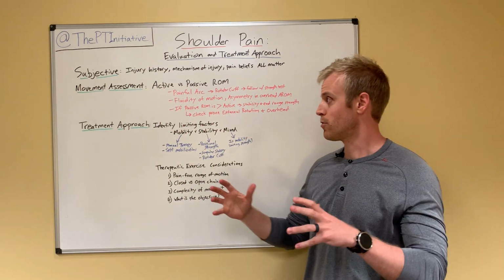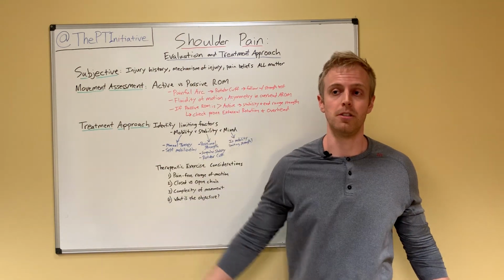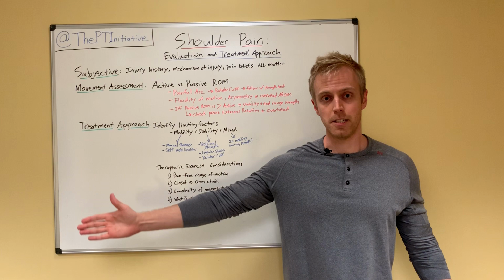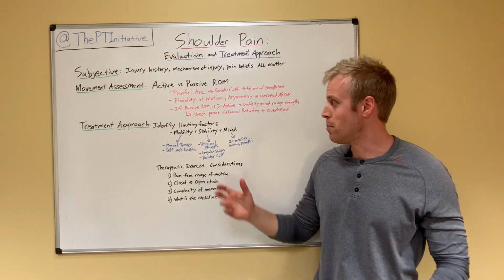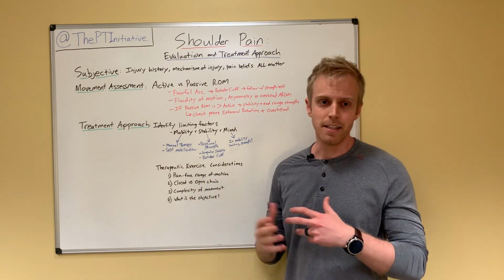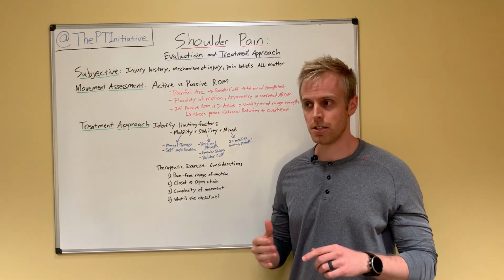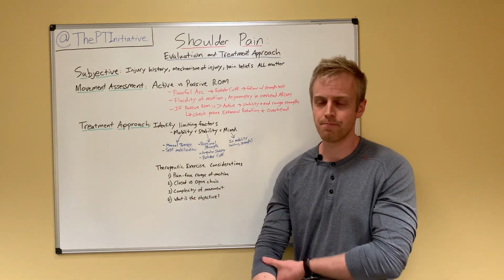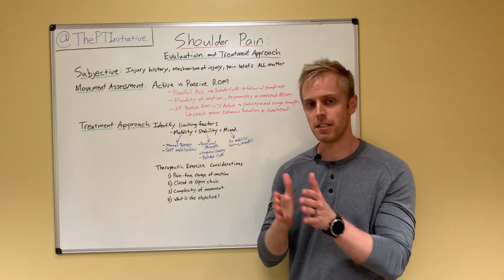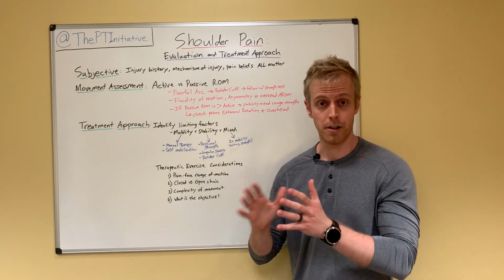So I'm looking at things, for example, do they have a painful arc? If they're coming up in this abduction motion, is it pain-free, then it's painful through here, and then it gets pain-free again at the top. That'd be what we call a painful arc, and it just points us in a certain direction. Any of these tests and screens aren't just one check box where you automatically know what's going on, but a couple of these data points put together can help you get a better idea of where to go with the treatment.